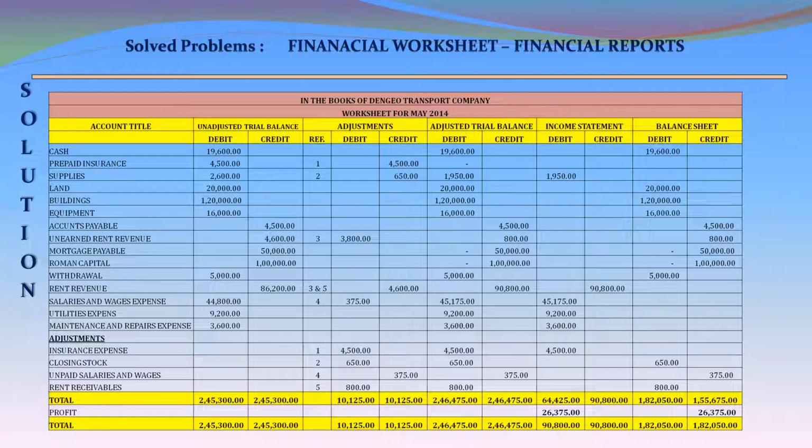Withdrawal debit 5,000. Closing stock debit 650. Unpaid salaries and wages credit 375. Rent receivable 800. Total debits 182,050. Total credits 155,675. And the difference of 26,375 is the profit.